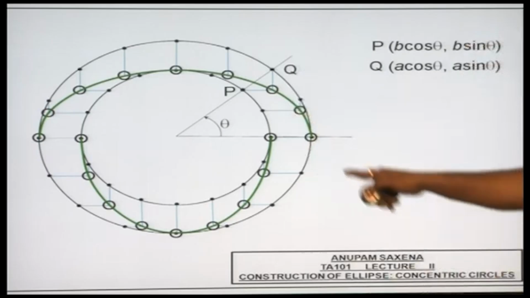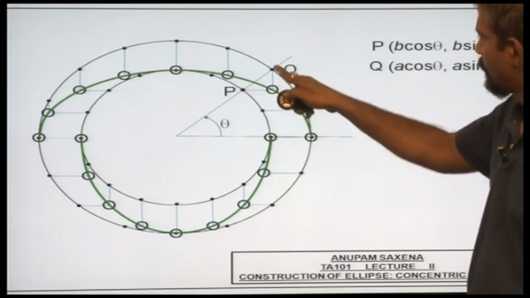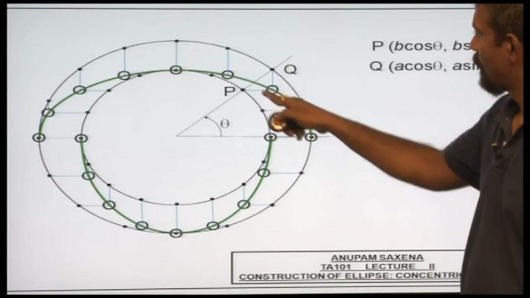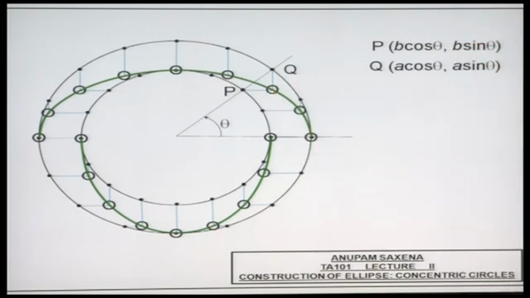Okay, and if you focus on this point, what would be the x coordinate of this point and what would be the y coordinate of this point? Can you guess? You have these values over here.